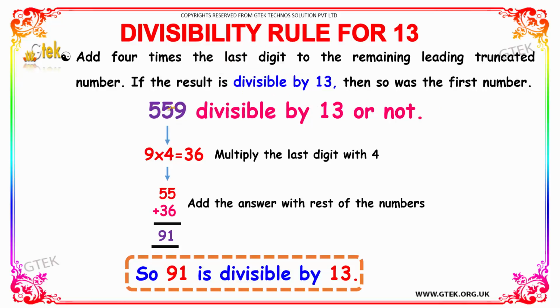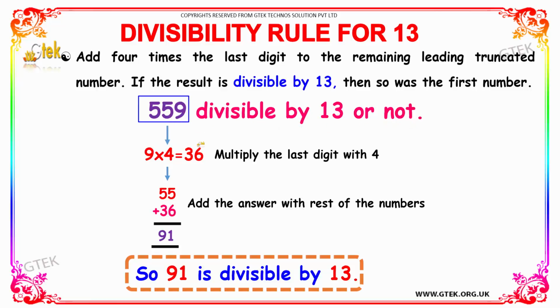So how to do this? Let us take an example to make things clear. We have the number 559. We have to check whether this number is divisible by 13 or not.